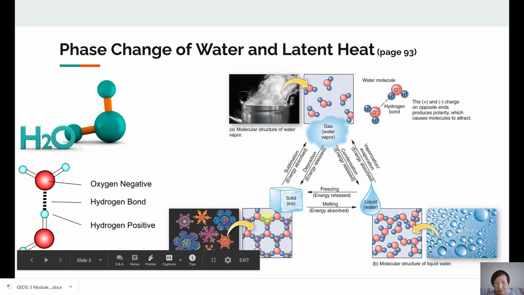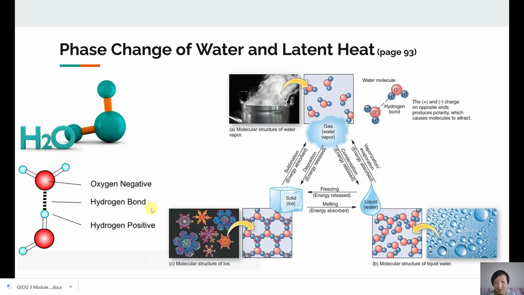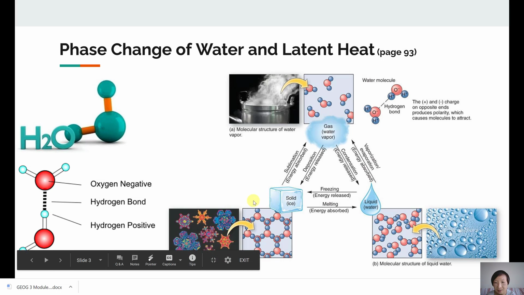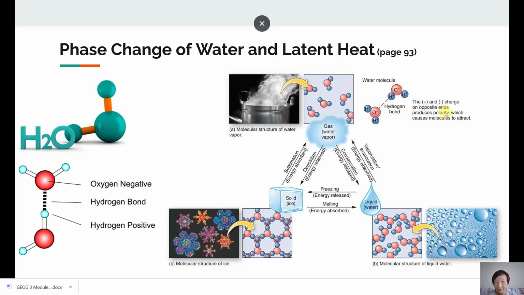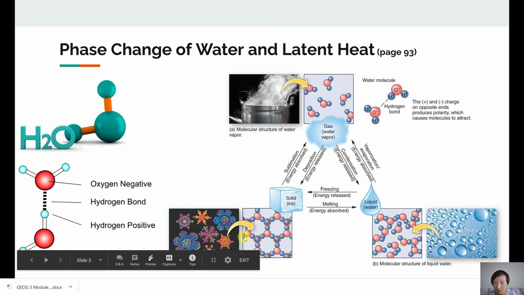In the solid phase, because you have negative charge associated with the oxygen atom, and positive charge associated with the hydrogen atom, we call that a hydrogen bond. And this hydrogen bond in the solid phase will be very tight. They will form this hexagon structure over here. That's your solid phase.